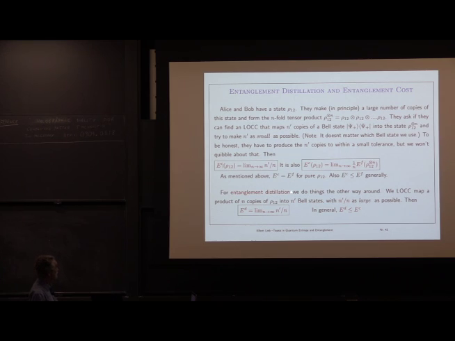For entanglement distillation, on the other hand, we do things the other way around. We LOCC map a product of n copies of rho 1, 2 into n prime Bell states with n prime over n as large as possible. Then this is equal to the limit of n prime over n. And in general, of course, ED is less than or equal to EC. You can figure that out just from the logic. There's no deep theorem here. Okay.